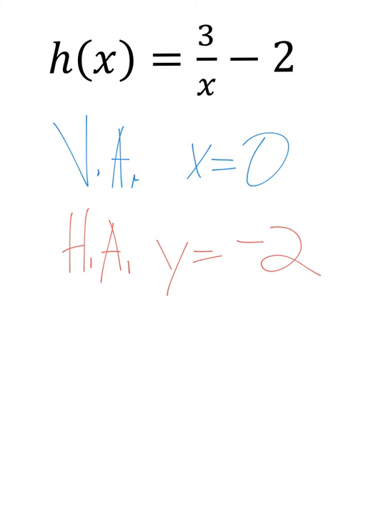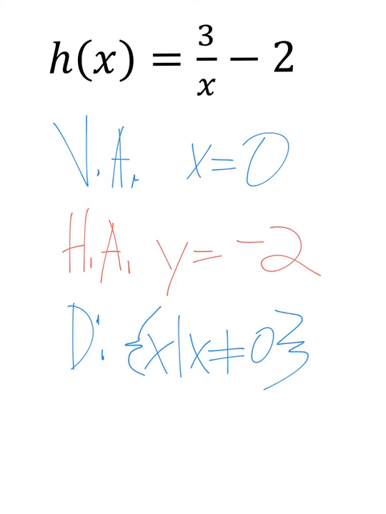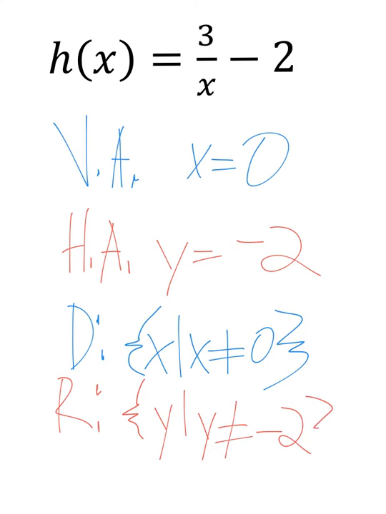We don't flip that sign or anything, we just copy it down exactly as it is. And so my domain will be x is in all real numbers, such that x cannot equal 0. My range is y is in all real numbers, such that y cannot equal -2. And that's all there is to say about that example.